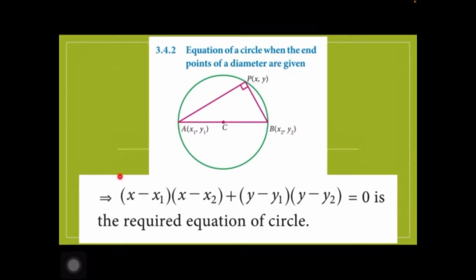So, what is the equation of the circle now? x minus x1 into x minus x2 plus y minus y1 into y minus y2 is equal to 0, and it is the required equation. If the endpoints or extremities of a diameter are given, we can use this formula.